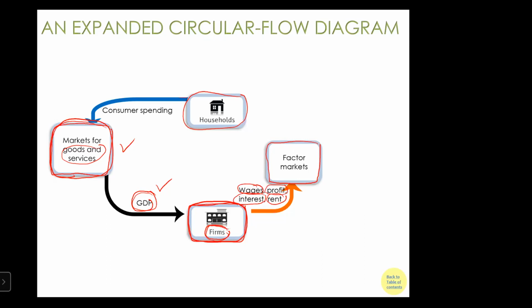But remember, firms are owned by someone. But who owns them? Households. Okay? And by the way, who provides labor? Households, those human beings, right? Because firms here are just legal entities. Okay? And then who owns the capital? Households. So toward the end, you can see all the money the firm makes by selling the products in the market for goods and services will return to households as income.